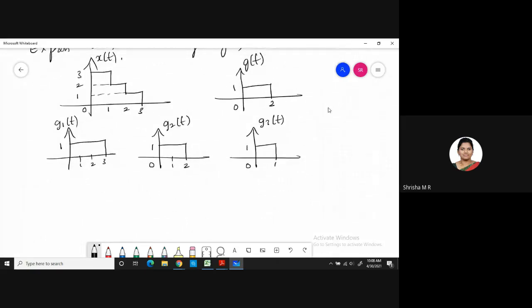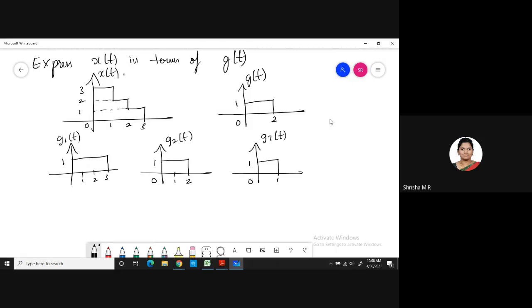So now we'll write g1 of t in terms of g of t. How do we write? We will scale g of t. If we scale it by a factor 2, g of 2t, you'll get a signal from 0 to 1 with an amplitude 1.